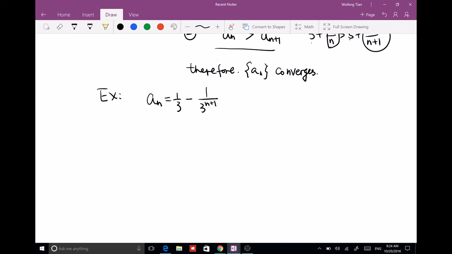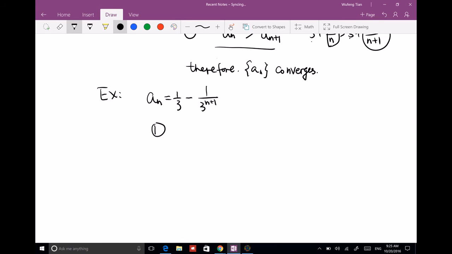Alright, I think it should be done now. So first we prove this sequence is bounded. So can anyone tell me what did you find for the upper bound and lower bound? Bigger than 0, right?